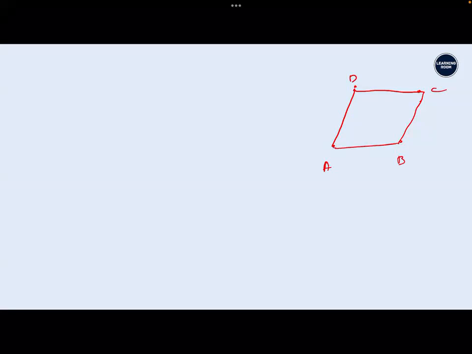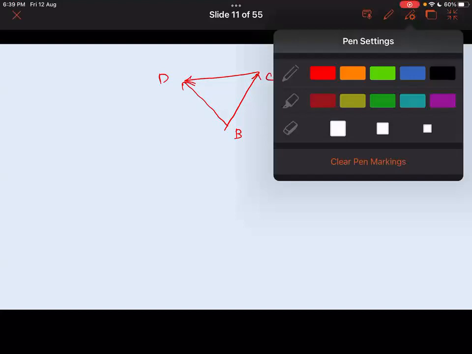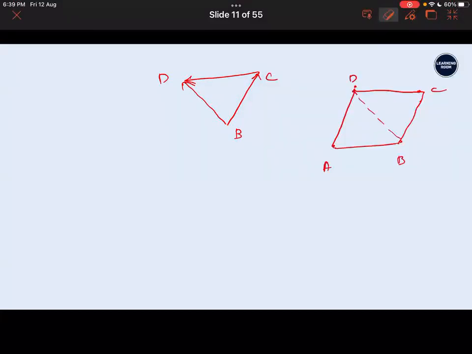So you consider the triangle BCD. If this is BCD, BC vector, CD vector, and let this be BD vector. Then what can I say about them? BC vector plus CD vector is equal to BD vector.